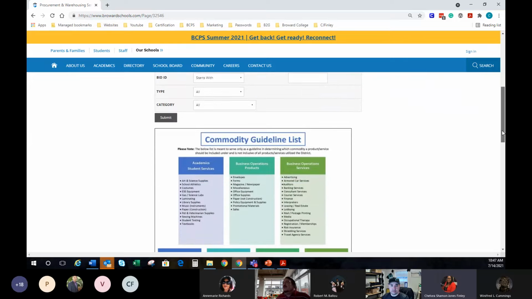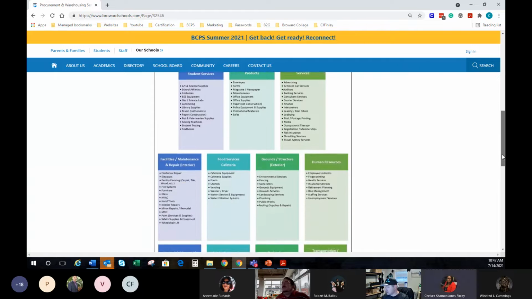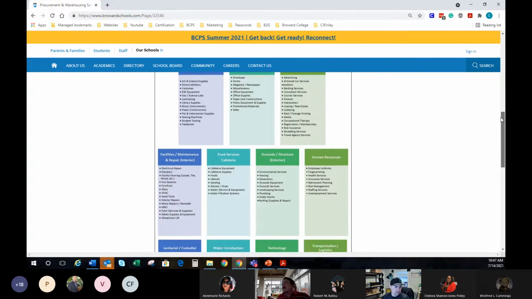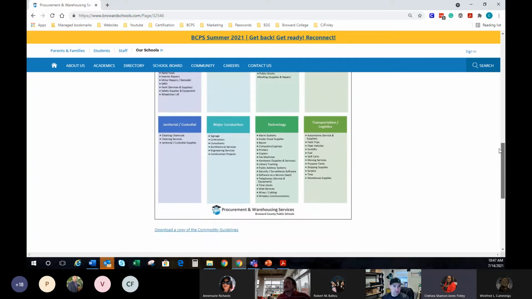We also show on here a commodity list, a guide list. For example, I do business operation services. So these are a lot of my different areas that I service. So it's a lot more than what I originally stated, but at least it gives you an idea what I handle.